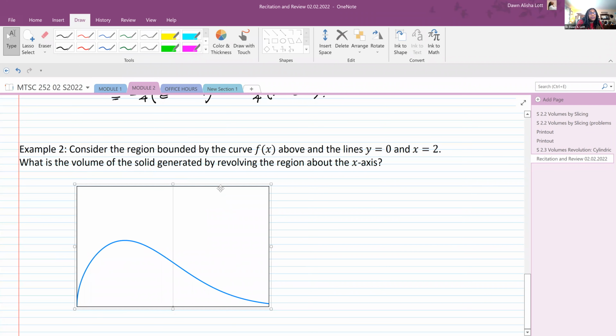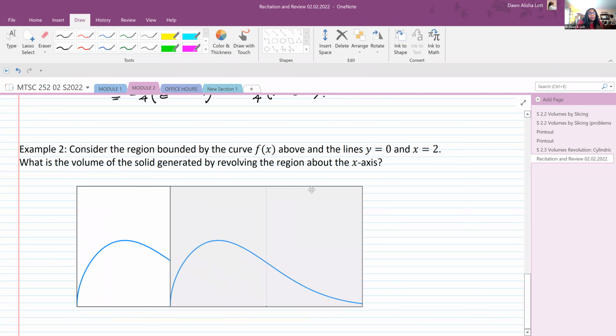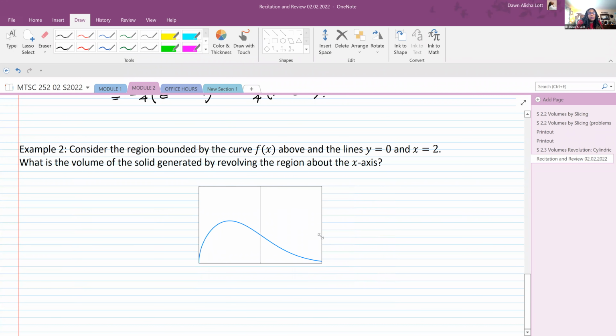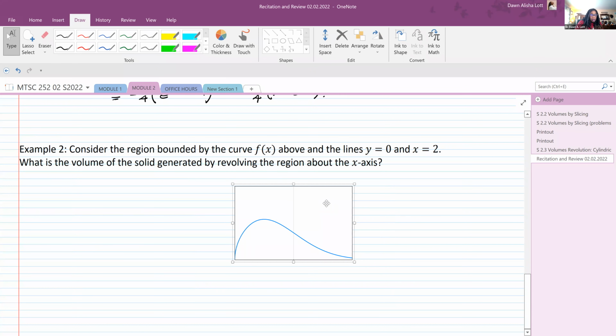Okay, so this is a different problem now. Now I'm going to take this region, and here's the solid. This is the solid of the region. Again, it's still a flat piece of paper or whatever you want to call it.